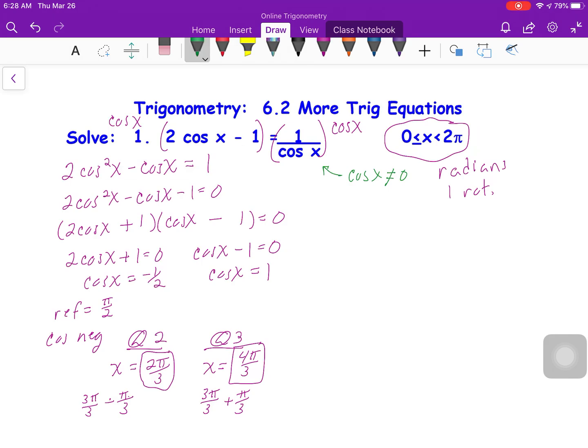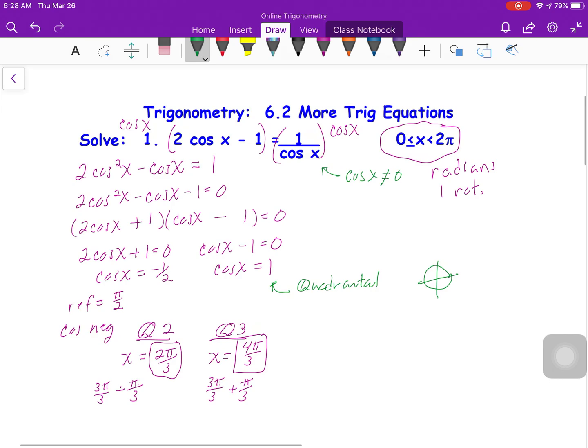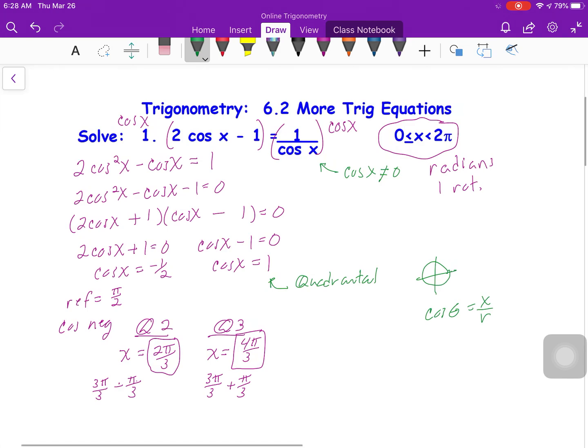Now the other equation is not a reference angle problem. That's a quadrantal problem. So quadrantal means we're going to be thinking of the unit circle. And since cosine of theta is defined to be x over r, we'll be looking for the quadrantal angle, the one on the coordinate axes, where the x is equal to 1.